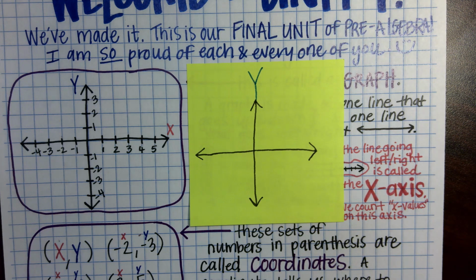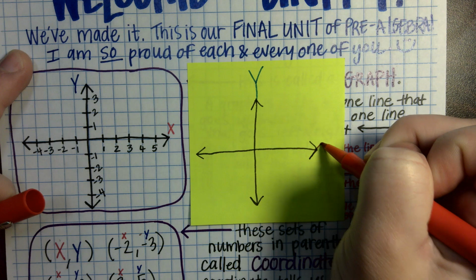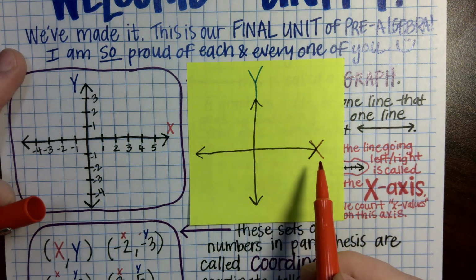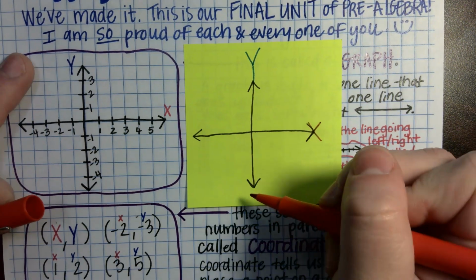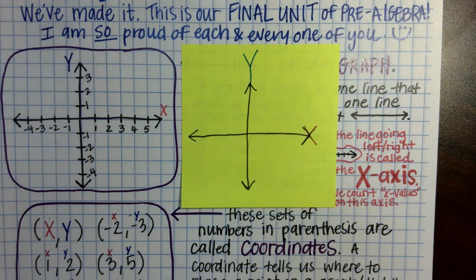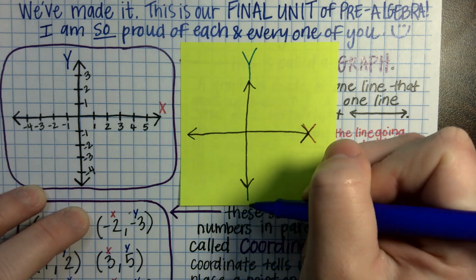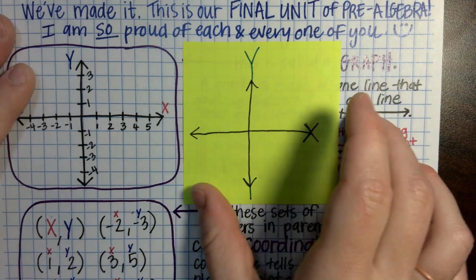I can use the end of my arrow on my x-axis and create an x right here. So there's my x-axis, there's my y-axis. I guess you could also draw this down here and make another y. There's a y, there's an x. So the x and y axes never change. X is always left to right, y is always up and down. We can't mix those up.